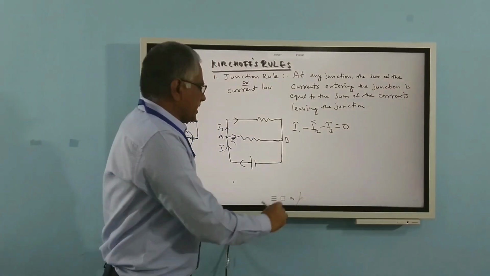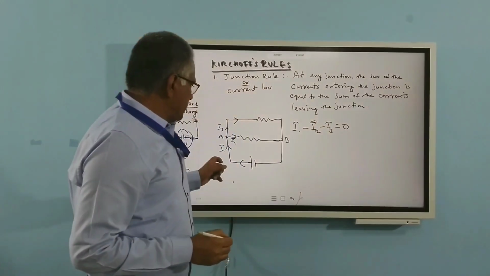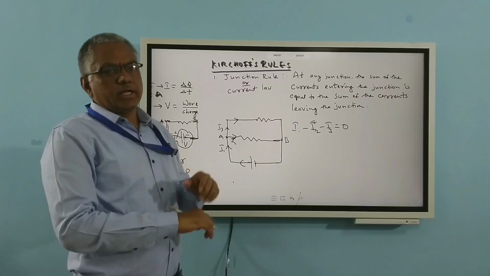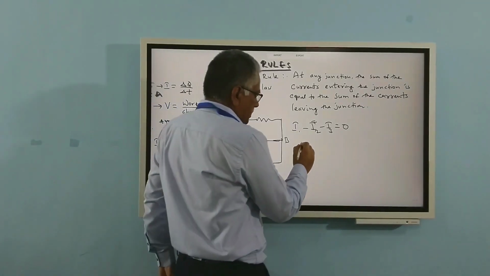Here we must take a sign convention. When the current is approaching the junction, let us take it as positive. Then leaving the junction, we have to take it as negative. That is the sign convention we must follow.